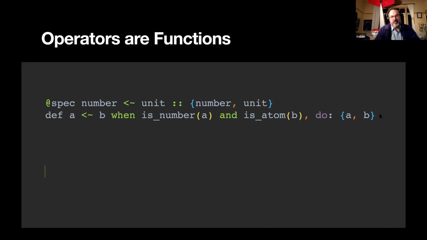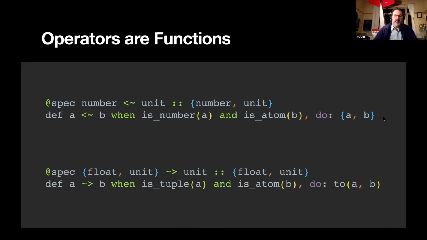And then similarly for the to, if we have one of our values and we say we want it to go to another unit, it's going to produce a unit, a float unit tuple. And all we do here is we call our to function that we wrote before. And I had to double check myself to make sure that I said function, and I did, so I win. Okay.